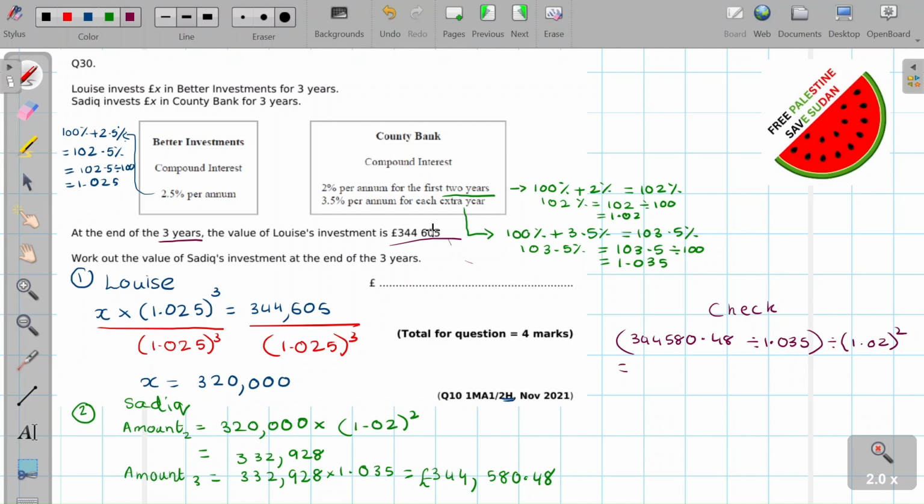Okay, divided by 1.035, then I divided by 1.02 squared, 320. 320 times 1.025 cubed, and that gives me 344,605, exactly the same as the number in the question, so I know it's correct.